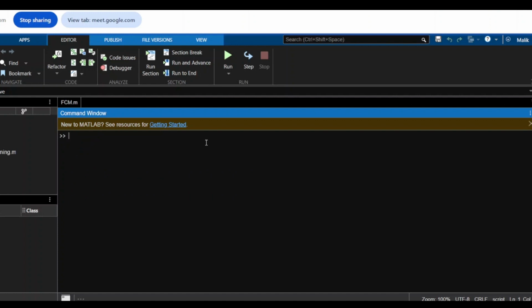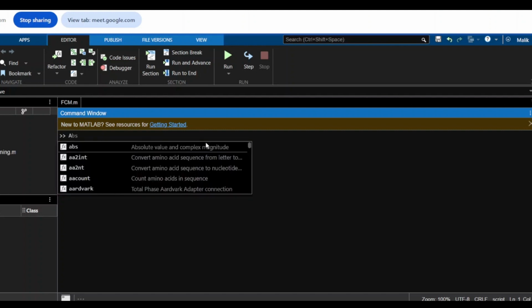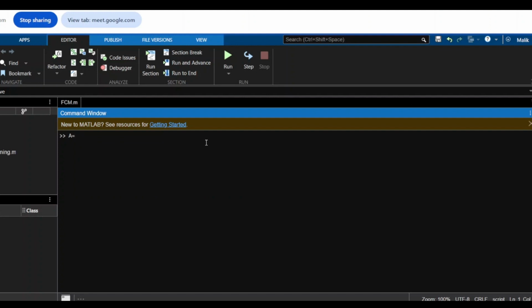Okay, so let me first write the matrix. The matrix A. So matrix A is what? The first row is 6, minus 7, 3, 3.